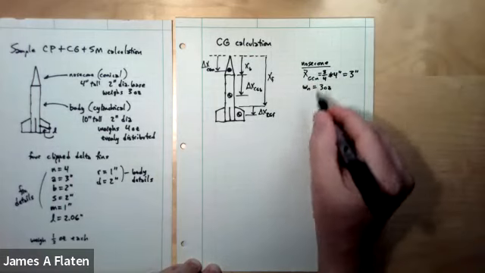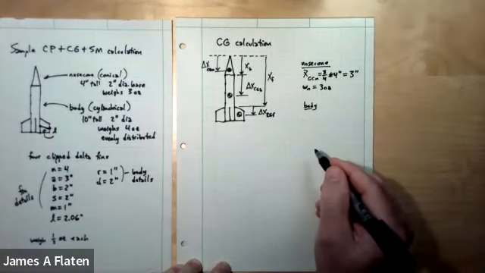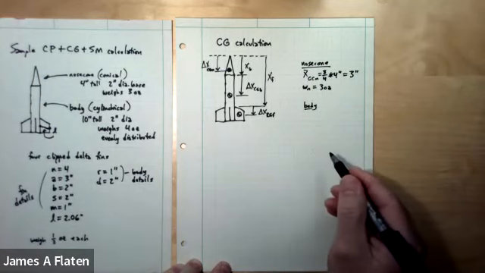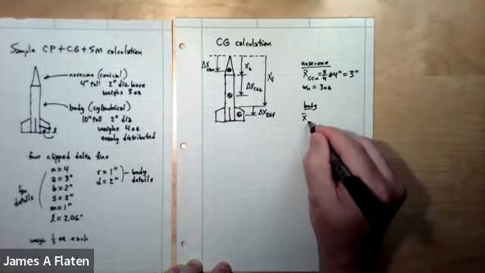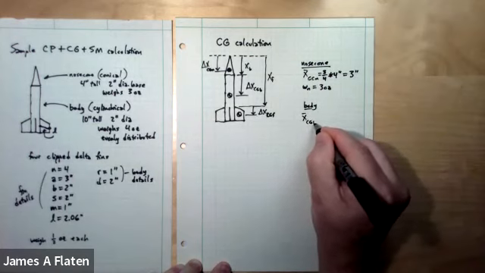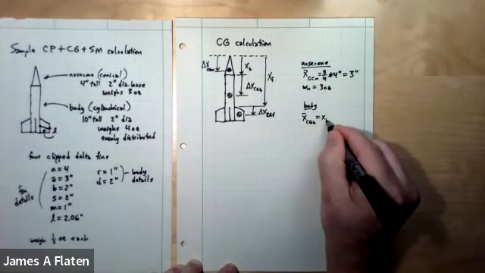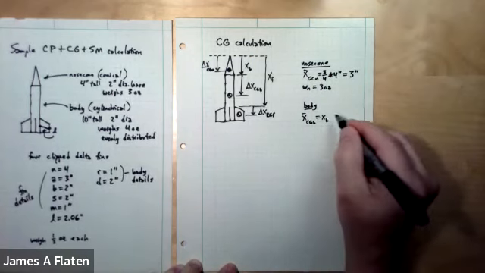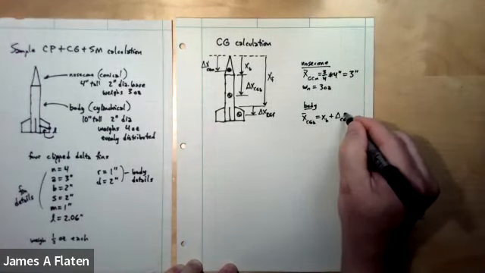How about for the body? Well, remember that this is symmetrically weighted. And so the station CG body would be equal to the distance to the body plus the offset CG body.